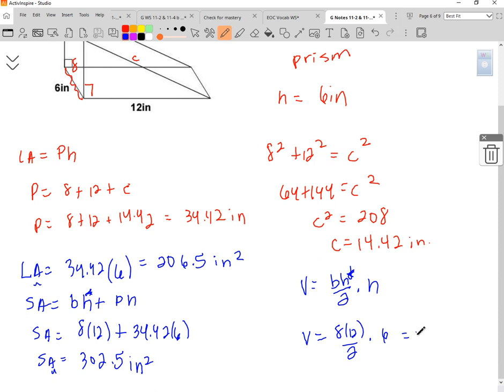Say it again. 288. What y'all got? 288, and that is cubic inches. The volume is 3 dimensions, right? Area is 2 dimensions with the exponent of 2.